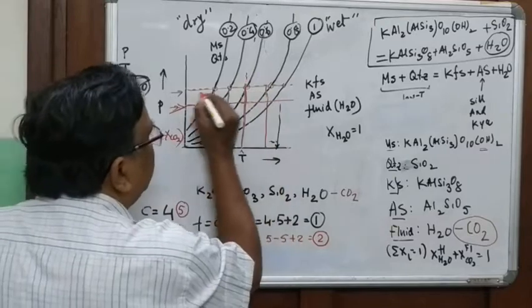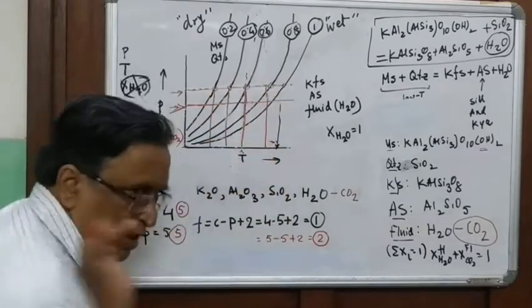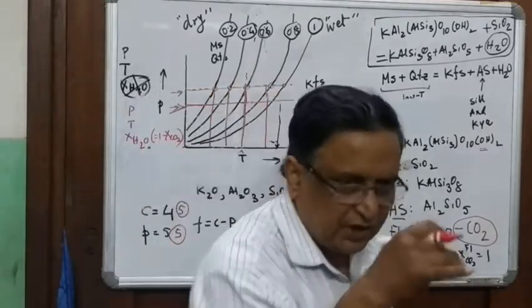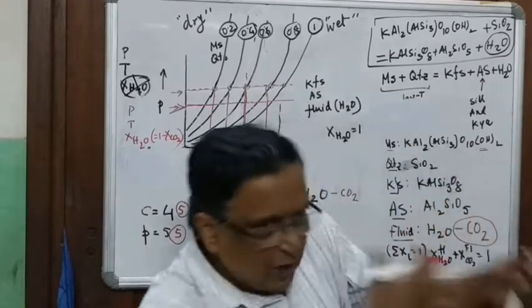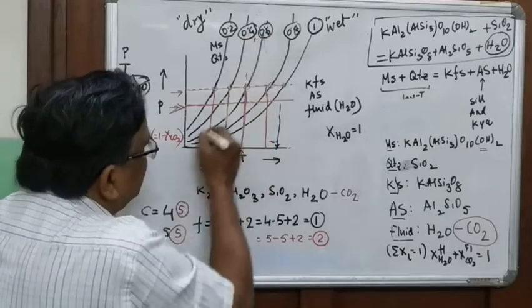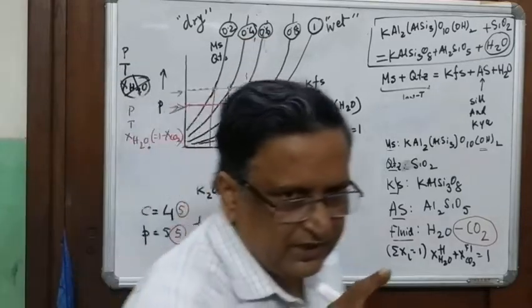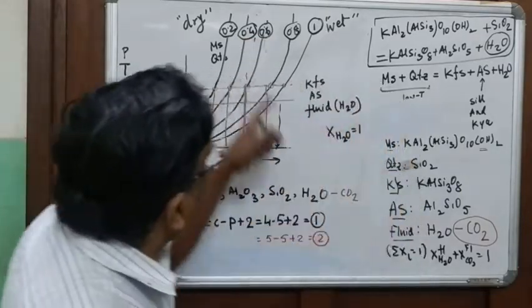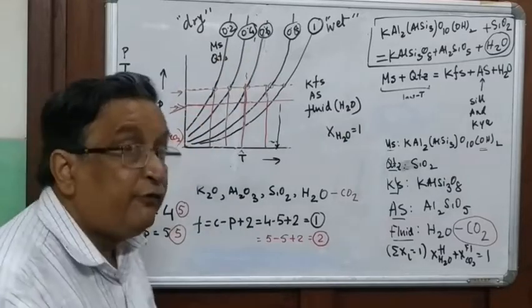The pressure and the temperature which you bring in from outside are essentially inputs, and your output is the value of XH2O. So if you know the pressure and temperature, the XH2O value turns out to be 0.4.